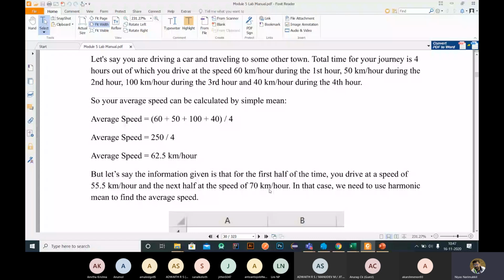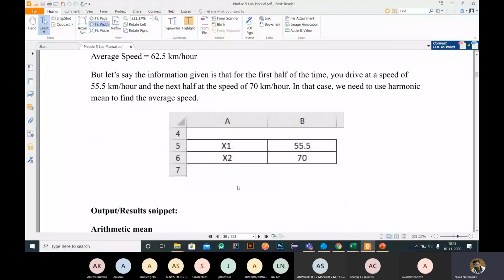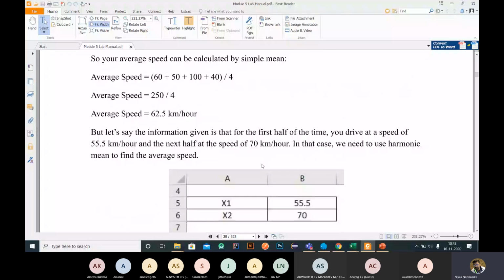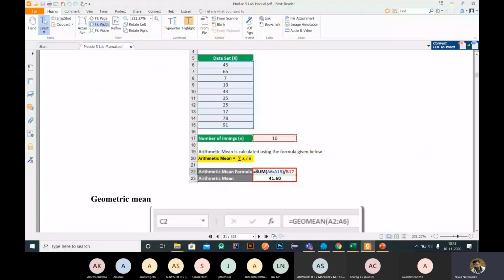So what's the equation of the harmonic mean? That is n divided by 1 by x1 plus 1 by x2 and so on, right? Here n, the number of items, is 2. So 2 divided by 1 by 55.5 plus 1 by 70. That is the harmonic mean, and we will get the harmonic mean as 61.91.